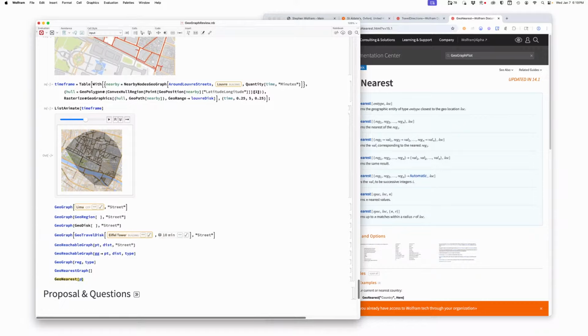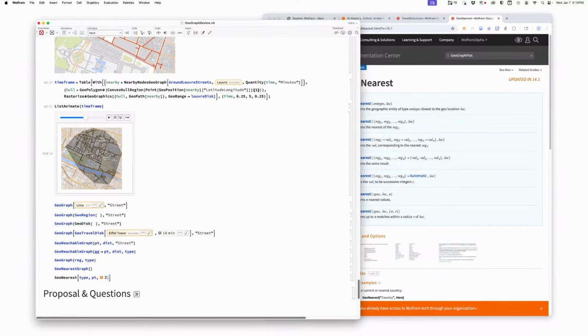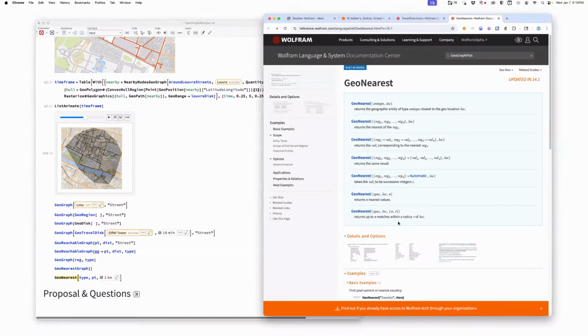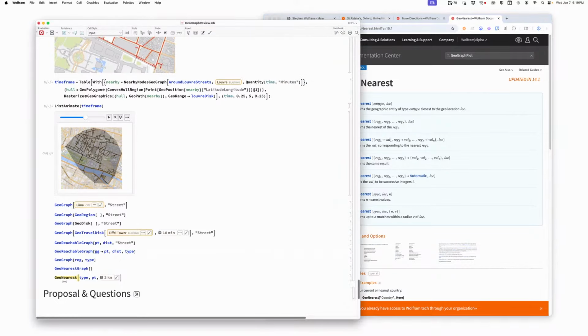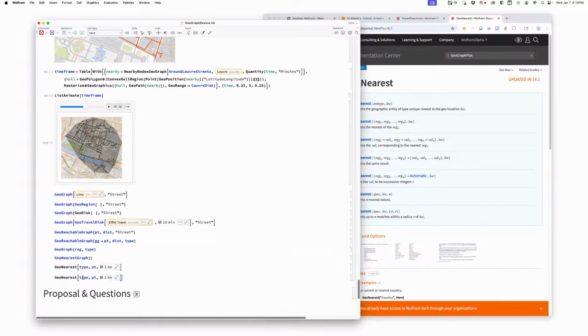GeoNearest with a type, a point, and then something with units, 2 kilometers. Why not just accept that? You shouldn't have to give N as well. See what I'm saying? Yes, but so now it's everything that is within 2 kilometers of that type. Yes. Yeah, that's the right thing. That's what we should have done ages ago.